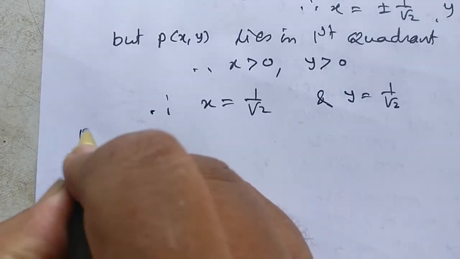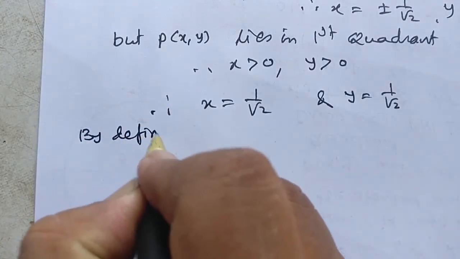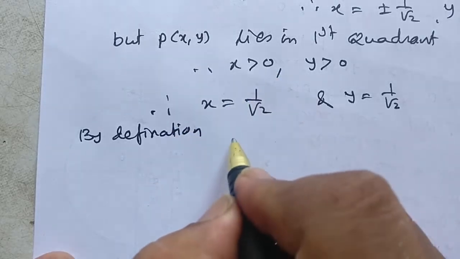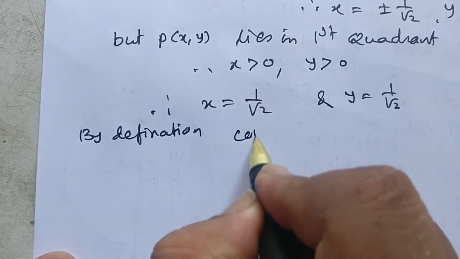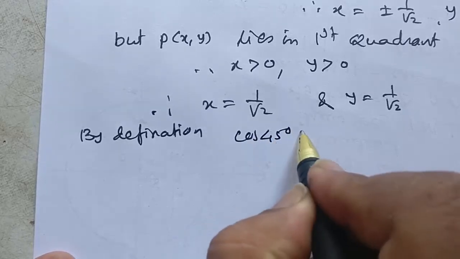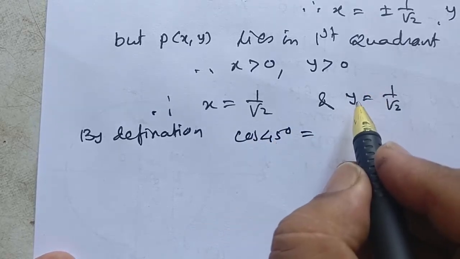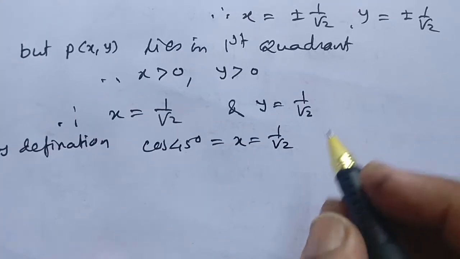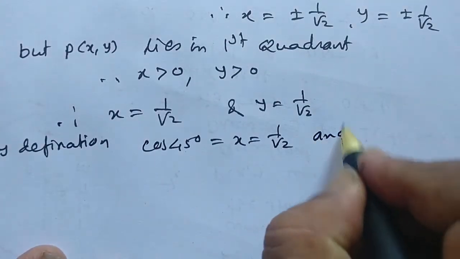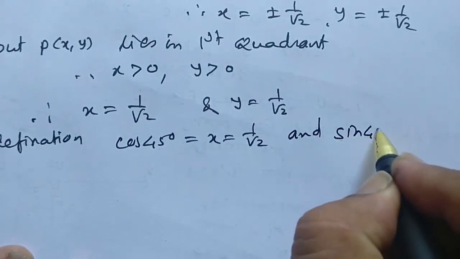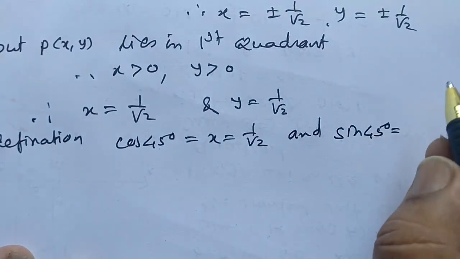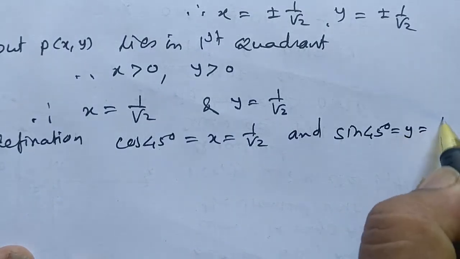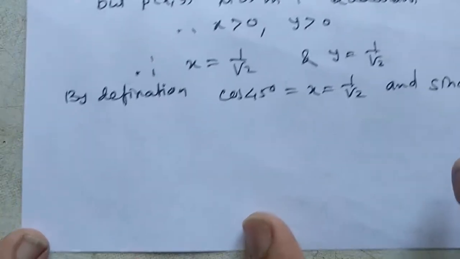By definition of trigonometry, cos of 45 is equal to x, which is 1 upon under root 2, and sin of 45 degree is equal to y, which is also 1 upon under root 2.